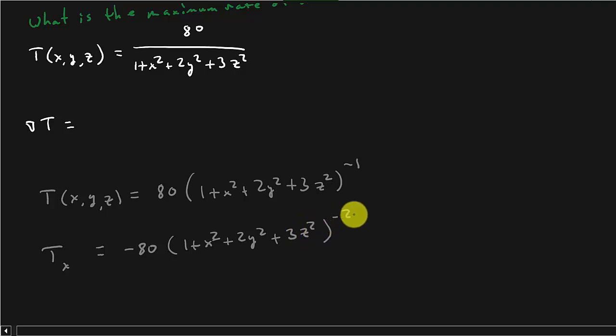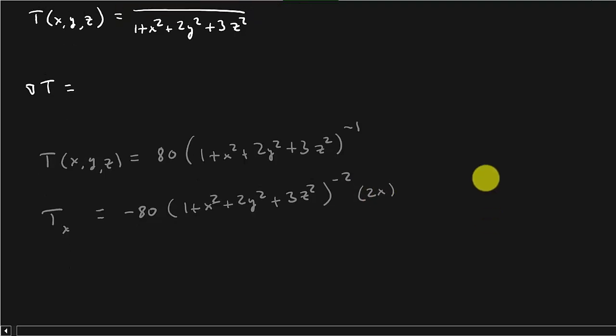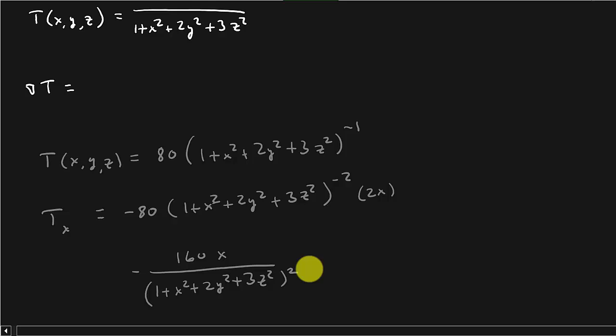Chain rule: times the derivative of what's inside the parentheses, so times 2x. This gives me negative 160x over (1 plus x squared plus 2y squared plus 3z squared), and then all of that squared. That would be your partial with respect to x.